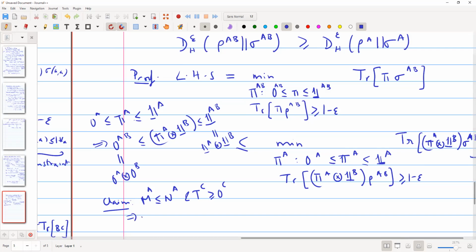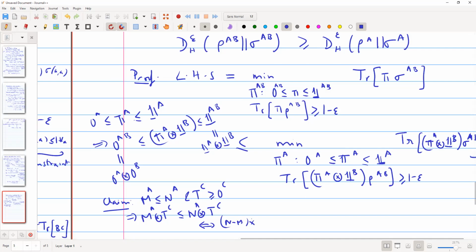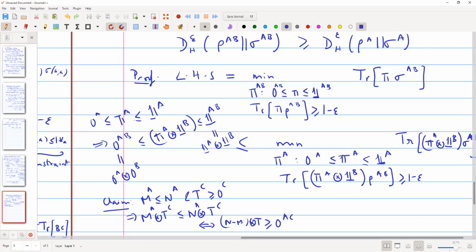So this implies M tensor T is less than N tensor T. So again, this is easy to see. I mean, to show that M tensor T is less than N tensor T, this is equivalent to saying that N minus M tensor T is positive semi-definite, is greater than the 0 AC.